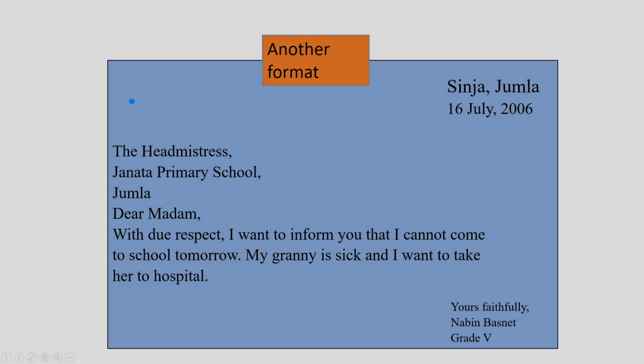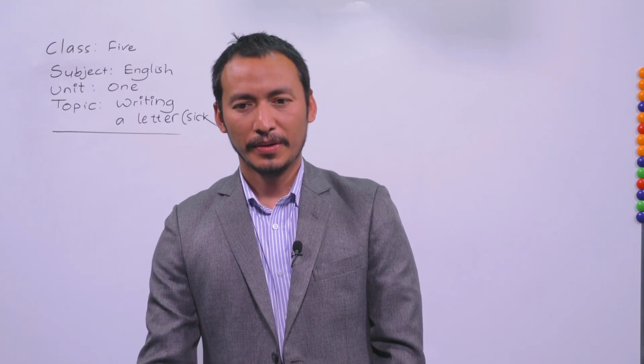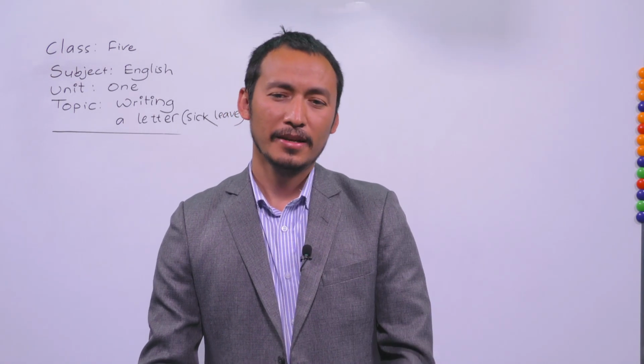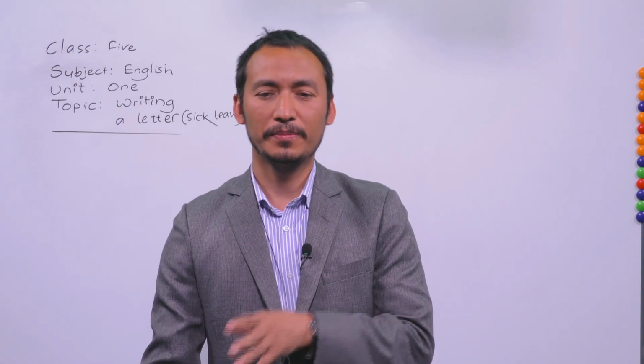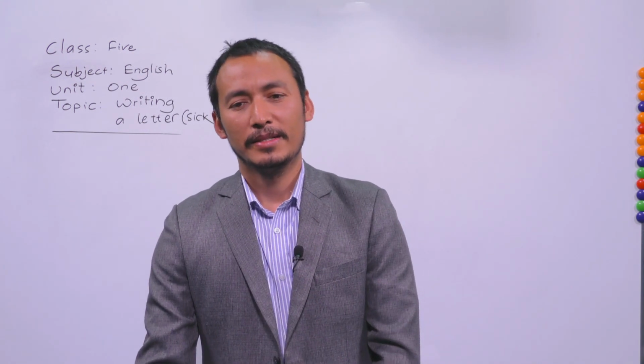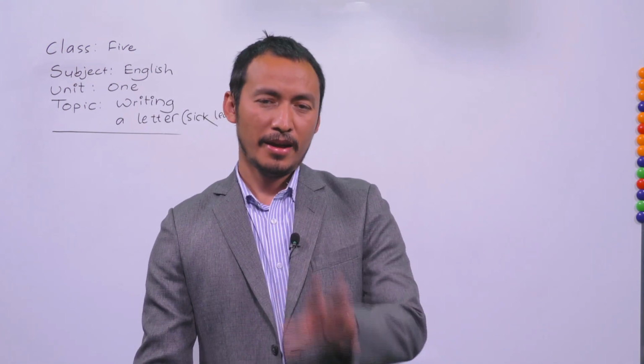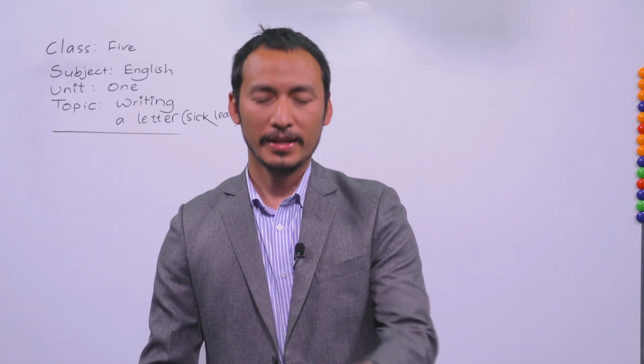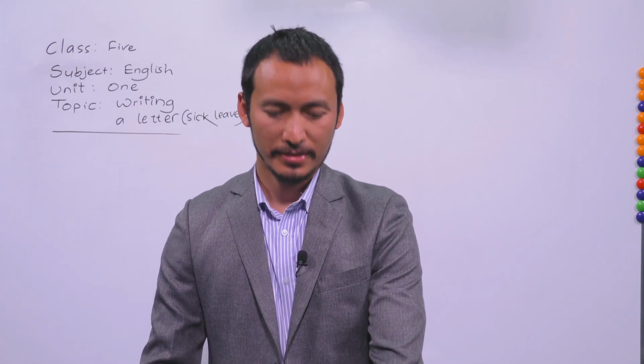The earlier letter had the address and date on the left side of the page. So another format is that you can also write on the top right corner of your page. Are you clear, students? Then you can also end your letter or put your sign at the bottom left of your letter. This is another format. Sometimes you may get confused, but you can follow either.